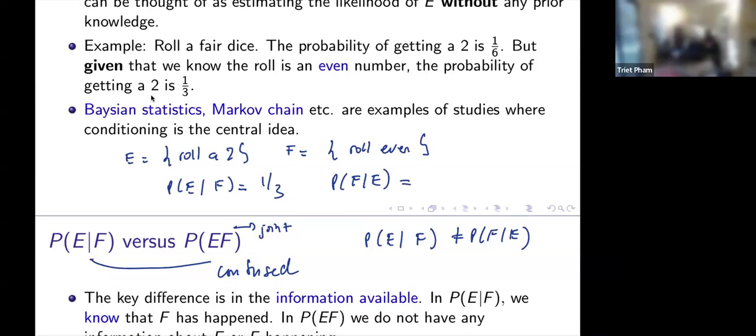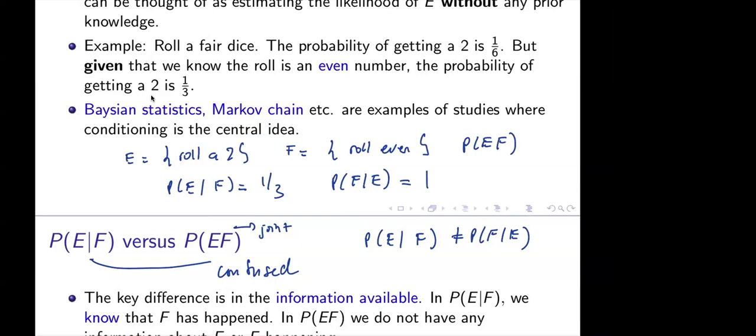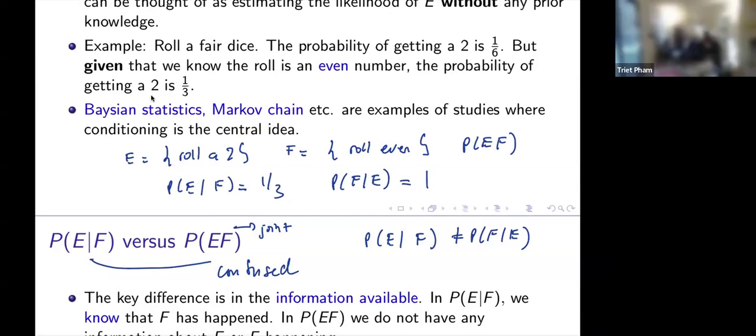Correct. Exactly, because if you know that the roll is a 2, then it must be an even number. And finally, what's P of EF? Just 1/6. Correct.